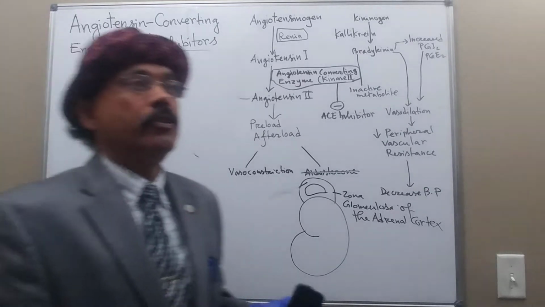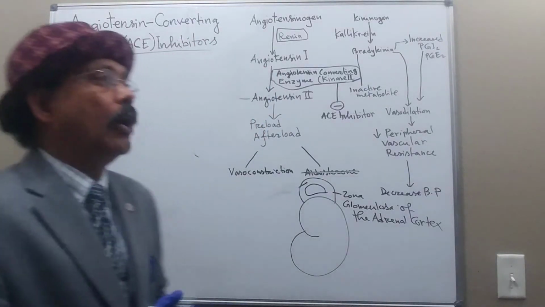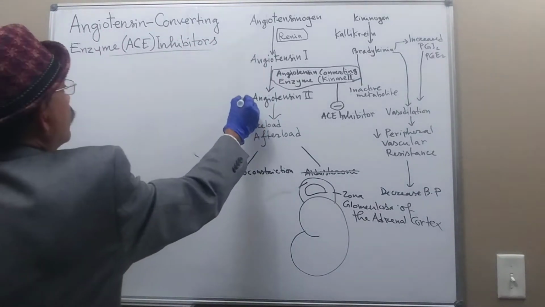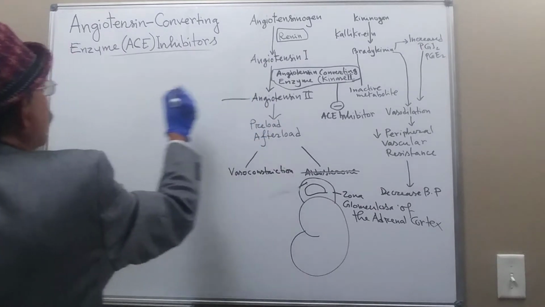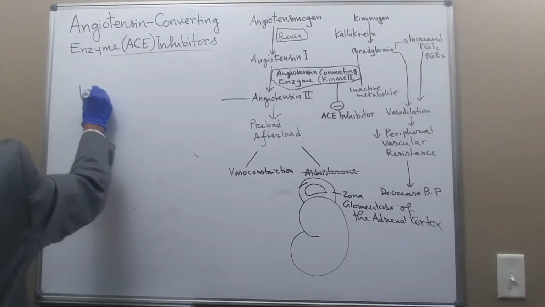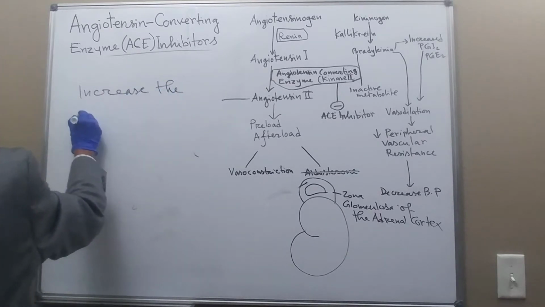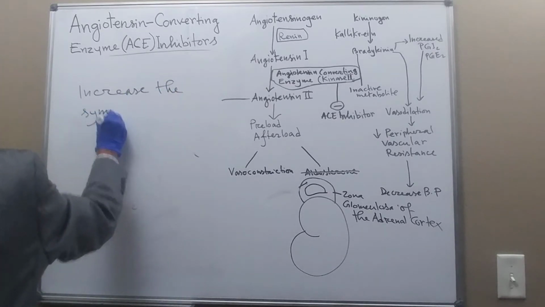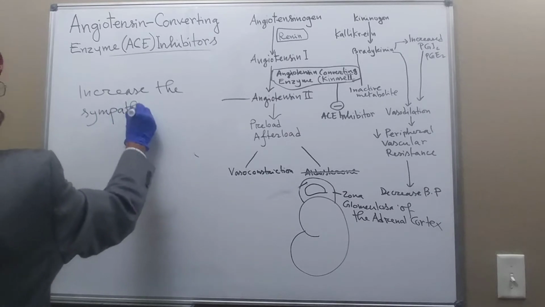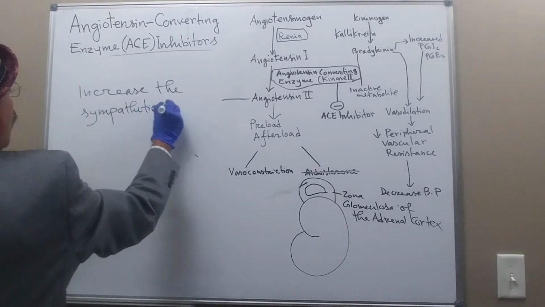Also, angiotensin 2 increases the output of the sympathetic system. It actually increases the sympathetic outflow.